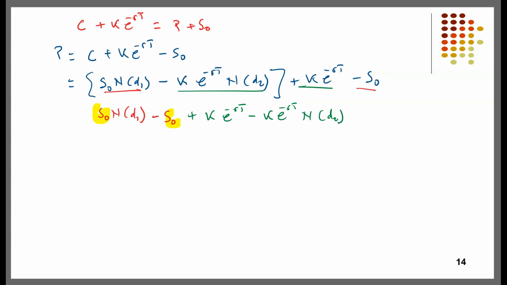We have S0 here and S0 here, so we factor that out. It's going to be S0 times N(d1) minus 1, plus, factoring out the present value, K e to the minus rT times 1 minus N(d2). So this gives us our put option value.